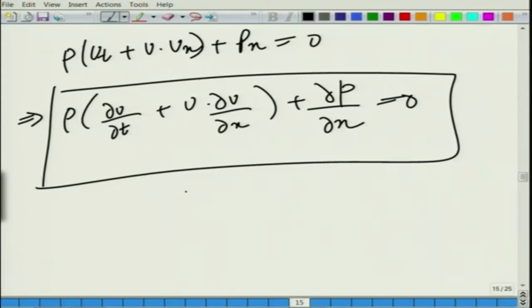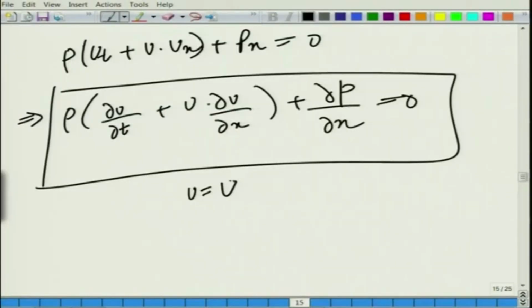Now, obviously, if you put u to be u naught plus u tilde, we can actually get the equation for a mean flow. But one thing that I forgot to mention is that we are just considering a stationary medium here, we are not considering mean flow. So, u will become your u tilde.